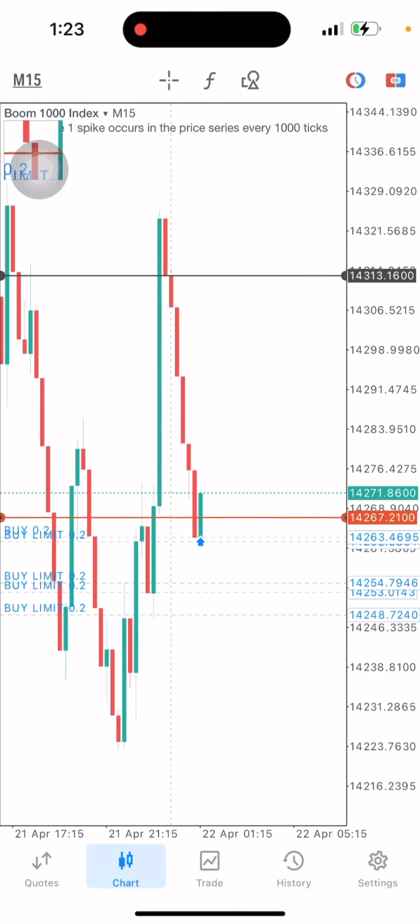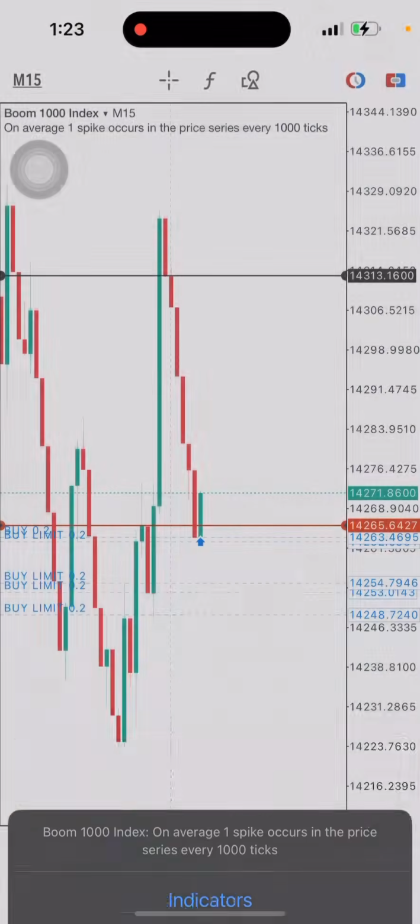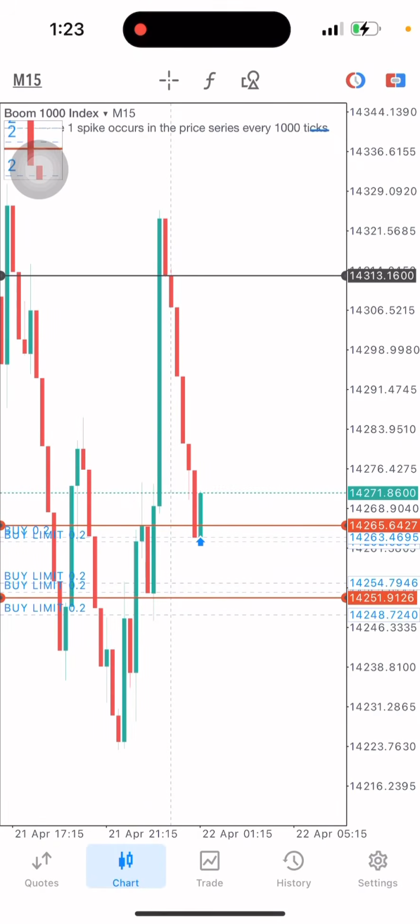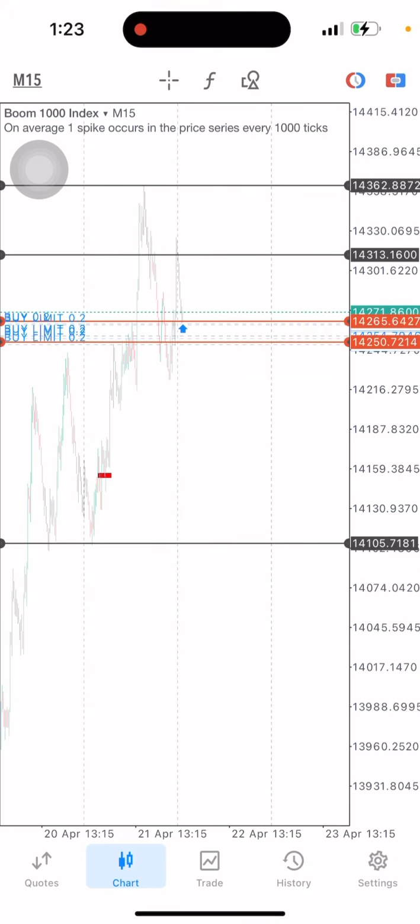So let's consider this range: 14,265 to, let's say, 14,250. So this range will be considered for the next day.